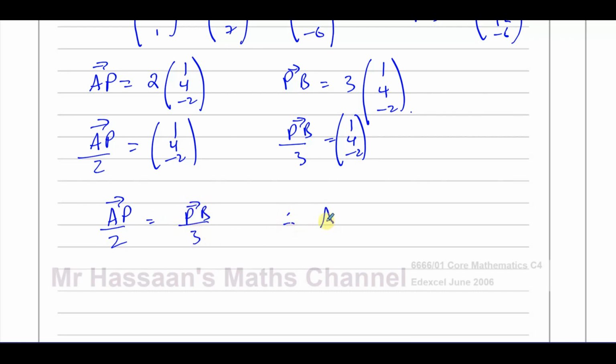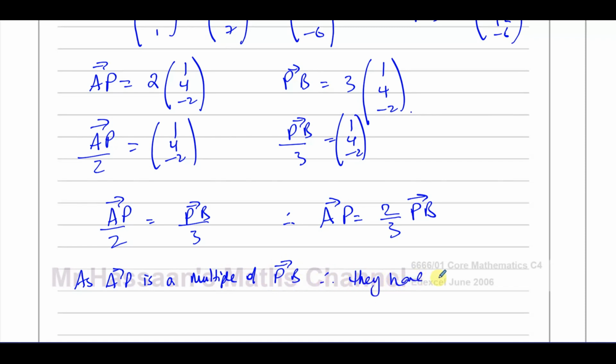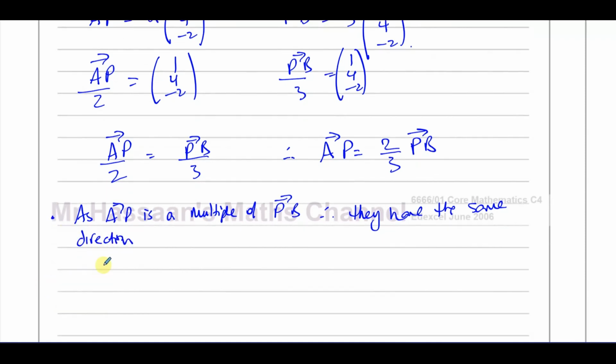Therefore, we can say A to P must be 2/3 of P to B. So we can say now that as A to P is a multiple of P to B, therefore they have the same direction. That's one point.